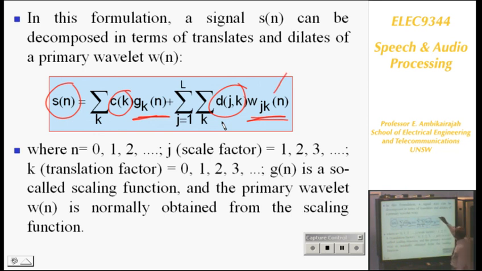And they call this one a primary wavelet. So by moving the primary wavelet and selecting these appropriate coefficients, and also using another scaling function and selecting these coefficients, you sum them all up, you get your original signal back. It's a different formulation of the same wavelet, same principle, but for implementation purposes, okay?